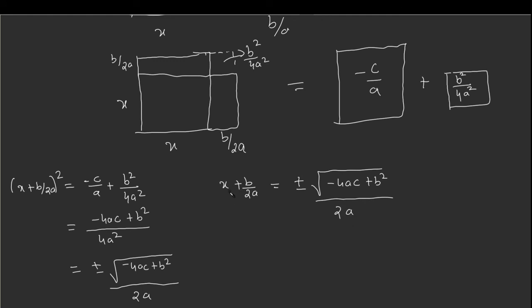Okay, now I will transfer this b by 2a to the other side, and finally it will come as x is equal to minus b plus or minus square root of b square minus 4ac divided by 2a. So this is the general formula of the quadratic equation.